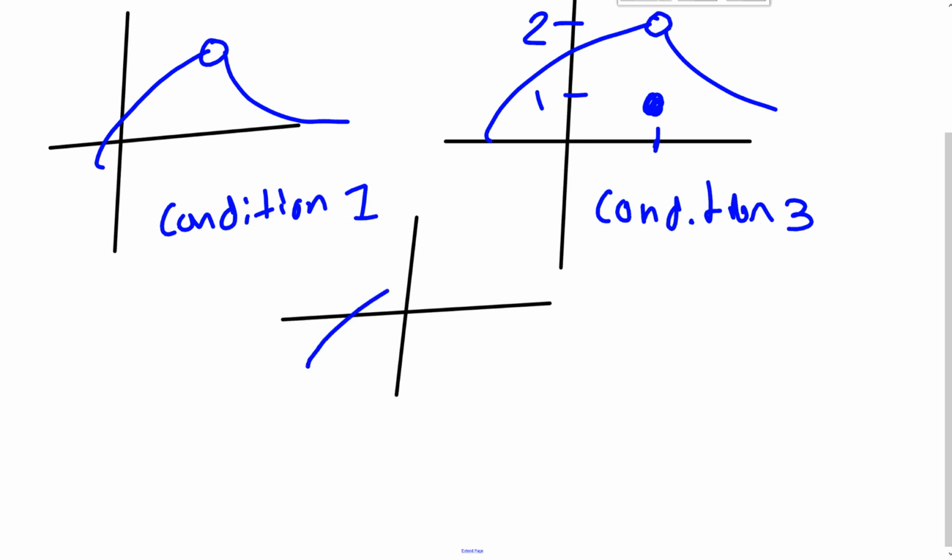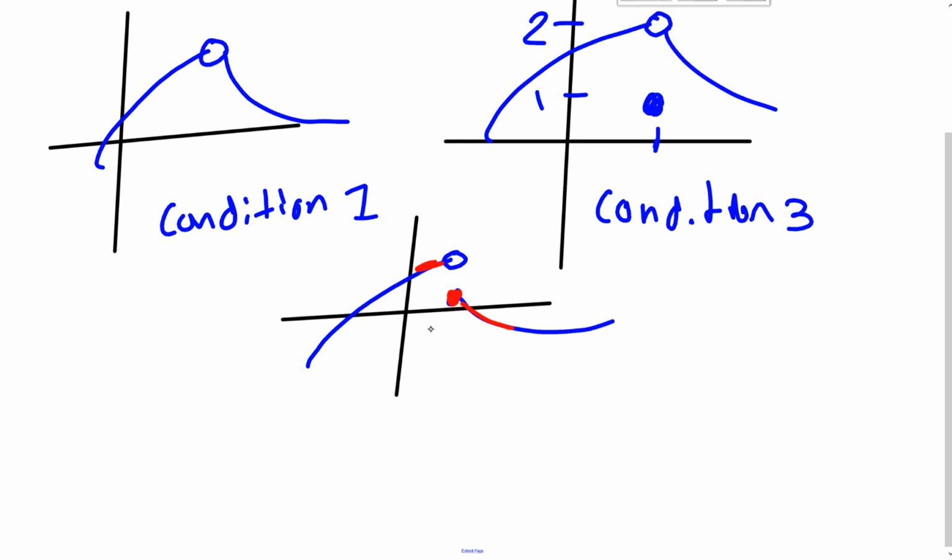So it might be defined at some point, but the limits are not the same. So here the limit does not exist, because it's going to 2 different points. But our f of a is defined right there, so it meets condition number 1, but fails condition number 3.